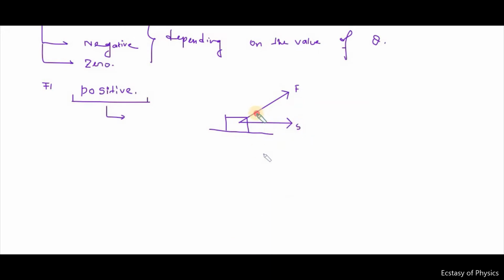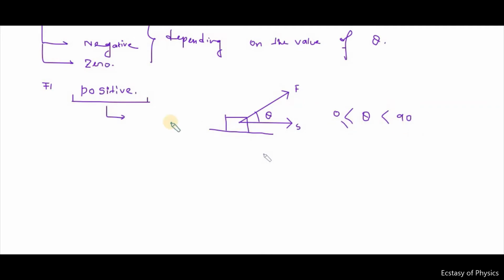This is the direction of displacement, and theta represents the angle in between force and displacement. So here you can see the theta, the angle has to lie in between 0 to 90 degree, where it could be 0 as well.